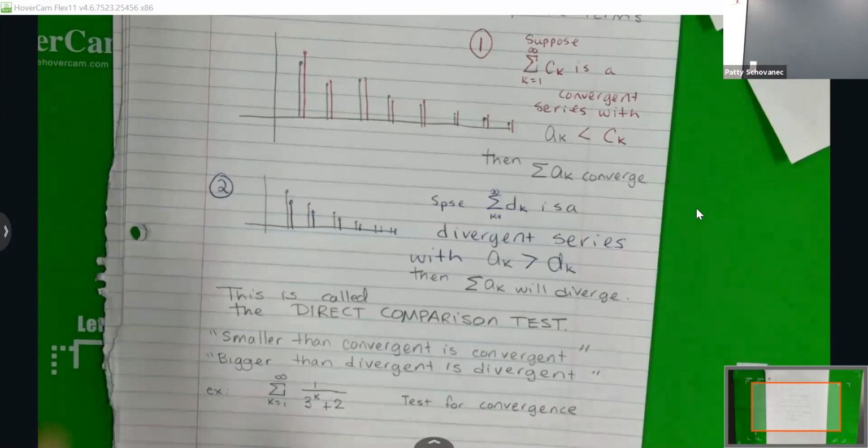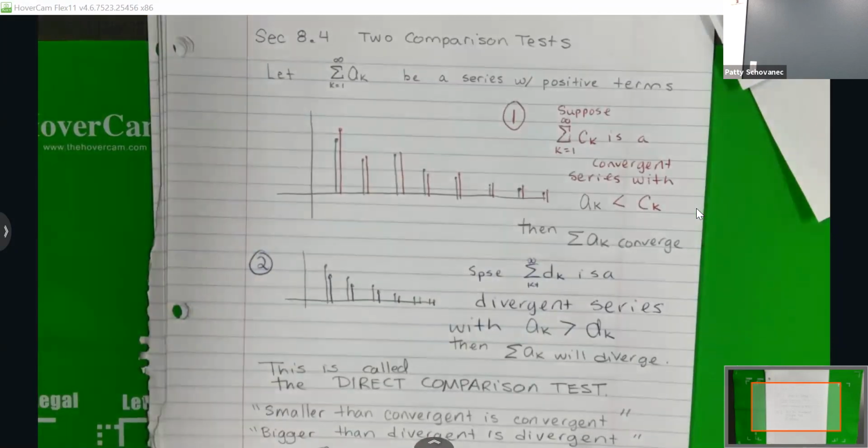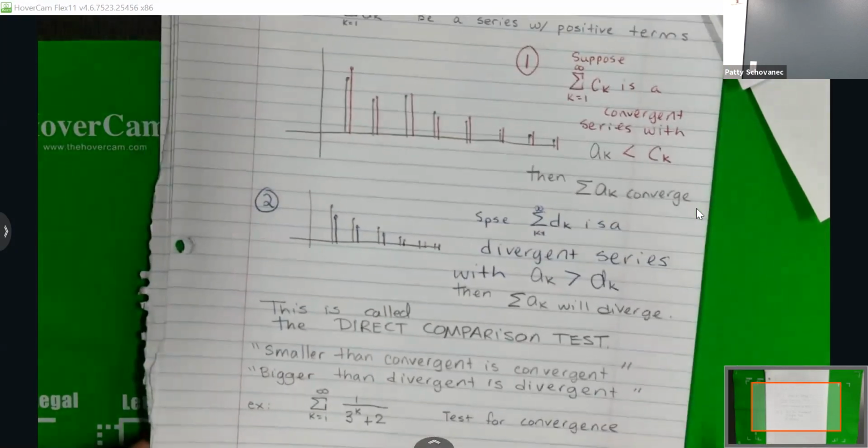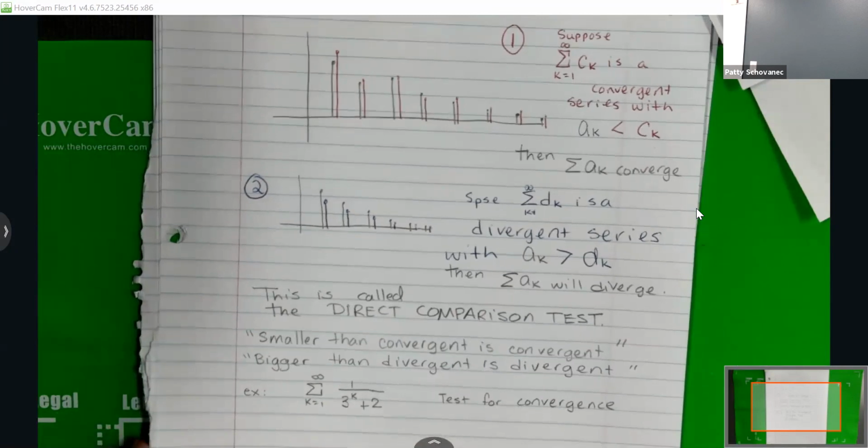Well, I threw that 2 in there. Had I not thrown the 2 in there, I had a geometric series. 1/3 to the k is a geometric series. But 1/3 to the k plus 2 is not quite geometric.